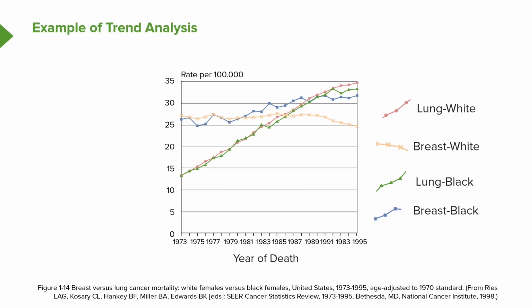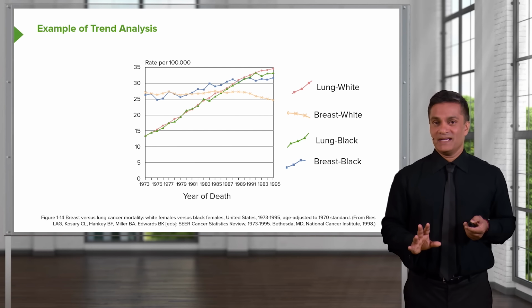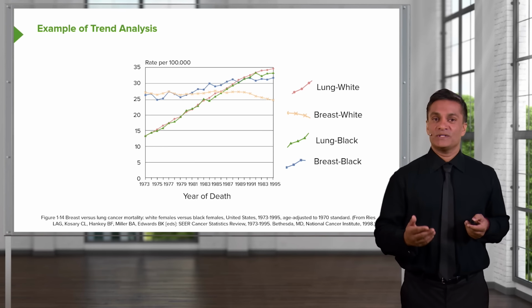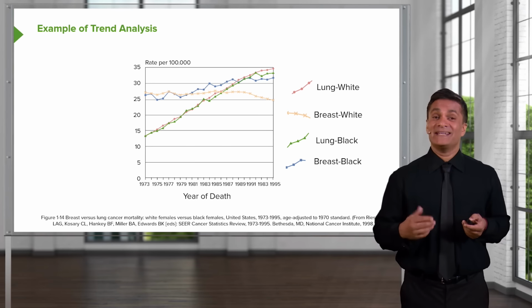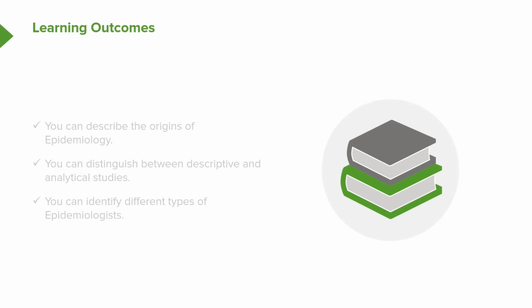That's when we're looking for more cases, so we find more cases. And again, we'll talk more about detection bias in a future lecture about biases. But the point I'm trying to make here is that trend analysis allows us to know what questions to ask, allows us to ascertain that there's probably something happening here that I need to investigate further.